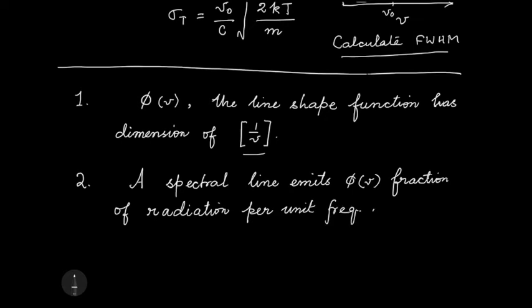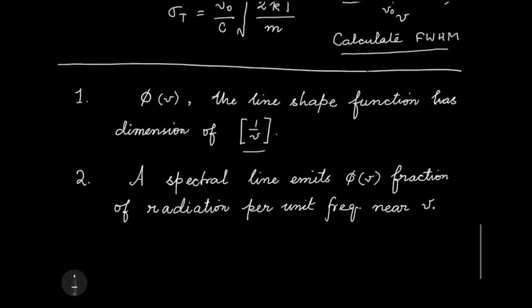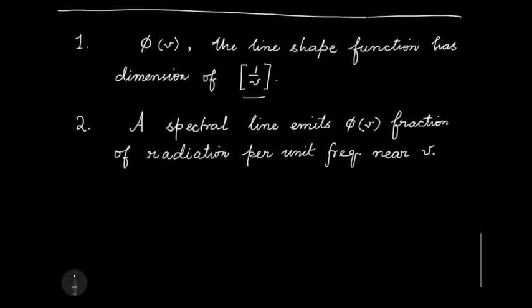That per unit frequency is coming from here because the dimension of phi nu is 1 by nu. So number two is essentially the definition of phi nu. We have talked about it earlier also, but I just wanted to keep this clear here.